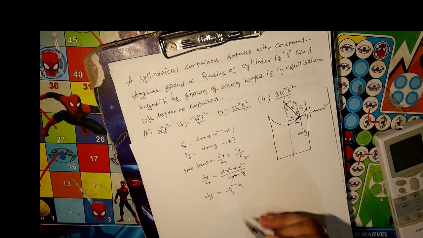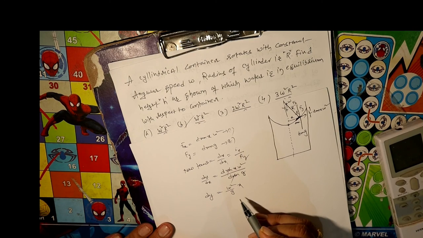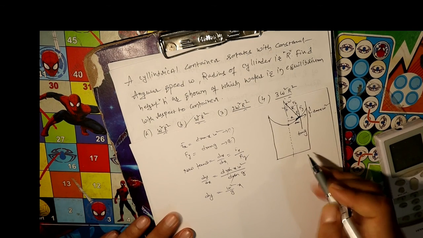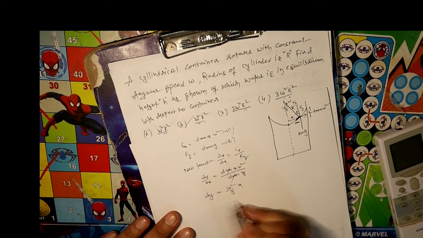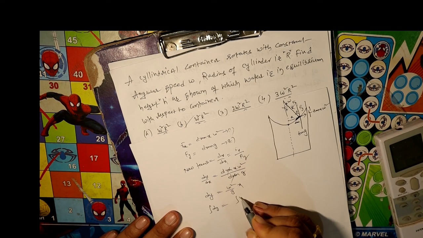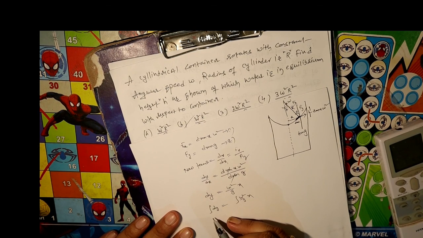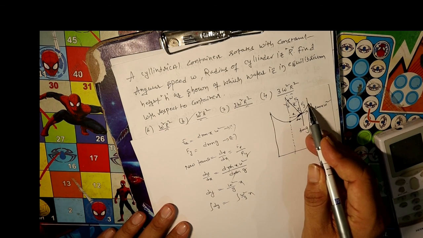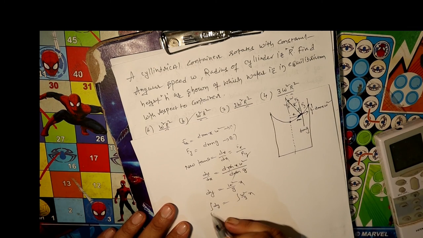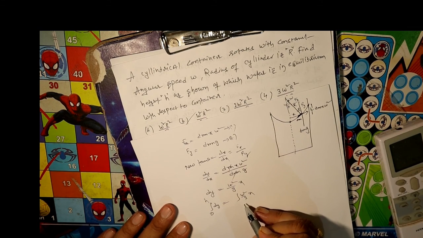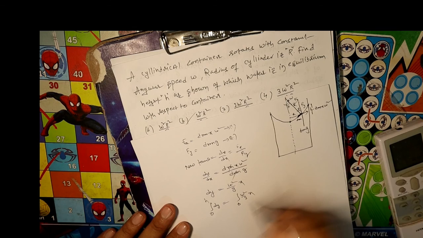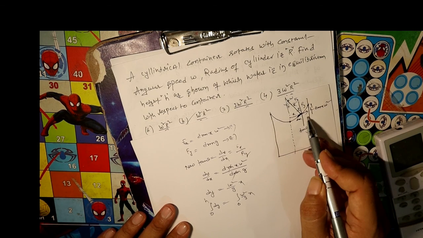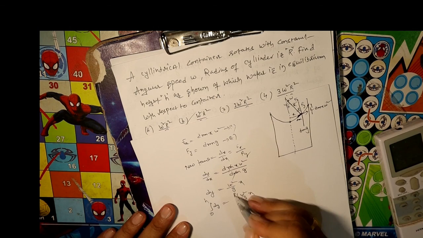Now when we integrate this equation, we get the height h. Integration of dy is equal to integration of omega square by g into x, up to what limits? From this point to this point, that means 0 to h. Omega square by g is kept outside, and x goes from 0 to the maximum distance, that is the radius, 0 to r.